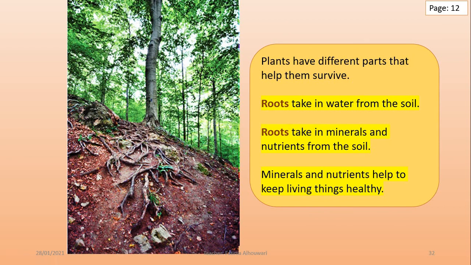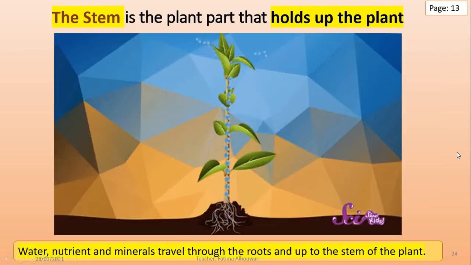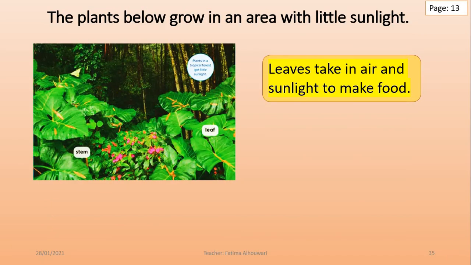They are very large and strong, while the stem is the plant part that holds up the plant. Not only this, the stem has a very important function. Water, nutrients, and minerals travel through the roots and up to the stem of the plant, just like this. They travel through the stem to reach leaves and flowers, while the leaves take in air and sunlight to make food.